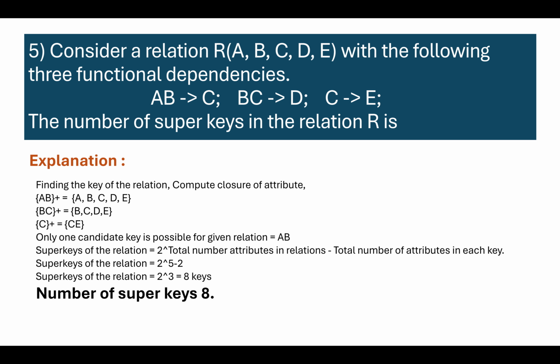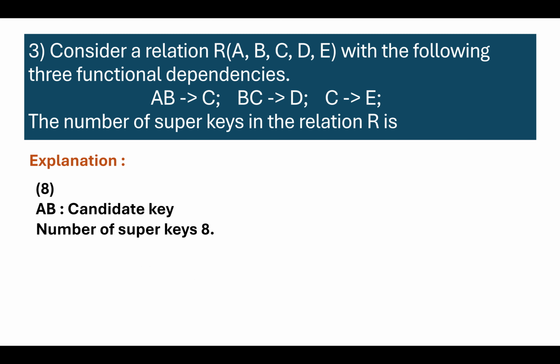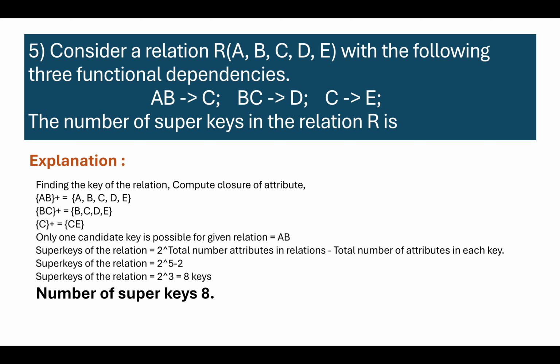So the next question is, consider a relation R(A, B, C, D, E, F) with the following functional dependencies: AB implies C, BC implies D, and CE implies E. So this is basically the explanation of the previous question only. Here we can see that first we find the key of the relation by computing the closure of attributes.